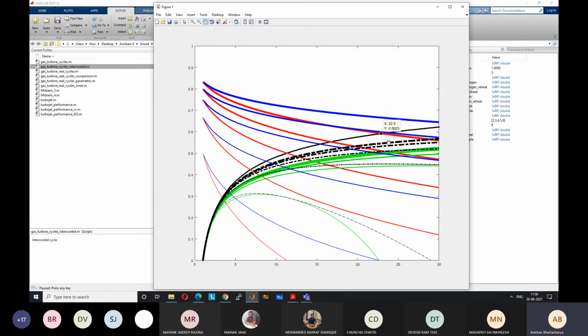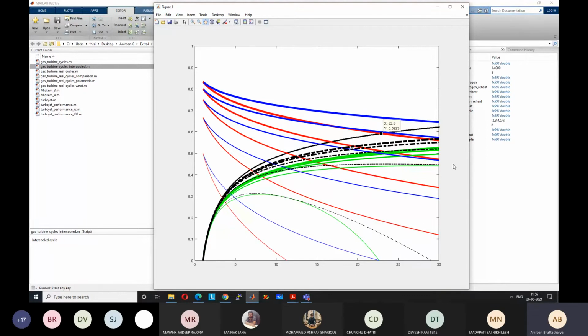So any changes that occur on the low temperature side are less as compared to the high temperature side of the constant pressure line. High temperature side means high entropy side of the constant pressure line. Nature is similar to the reheat cycle, but the efficiency is higher than the reheat cycle, but lower than the simple Brayton cycle.